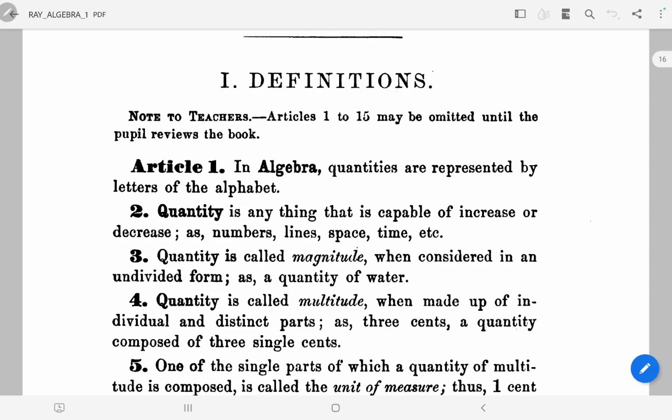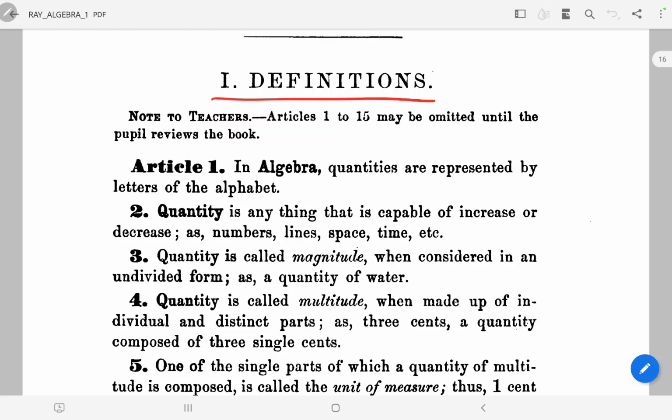And what I'd like to do in this first video is provide a walk through the first few articles of this first lesson to make sure that everything is crystal clear for students getting started in algebra. It's very important for us to understand, if you look at the top of the page here, that the first set of articles we study cover a number of definitions.